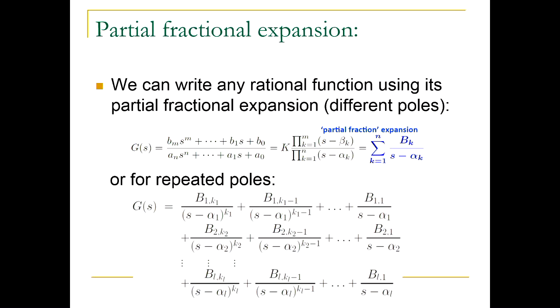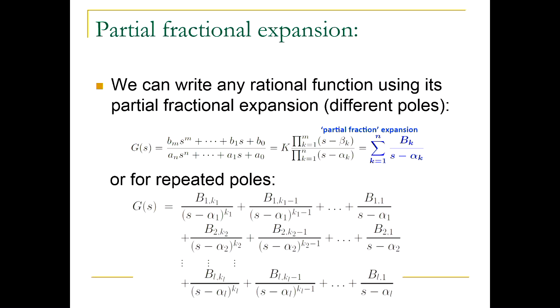In physical systems, models are usually causal. If you can't find non-causal systems in nature, then transfer functions that we obtain from models of such systems are proper because of causality.